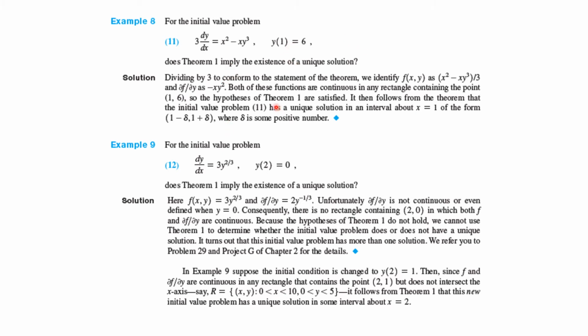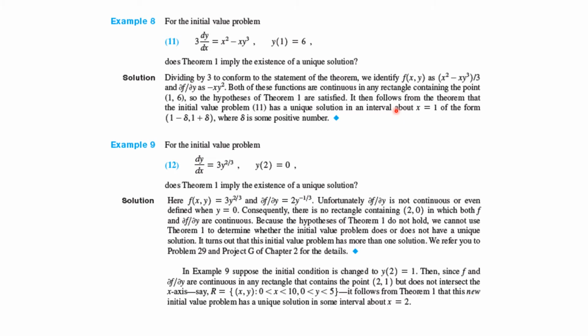So the hypothesis of theorem 1 is satisfied. Therefore, it follows from theorem 1 that the initial value problem has a unique solution in an interval about x equals 1. And although I don't ask you to find the interval of validity in this particular problem, I sometimes do, and you should be aware of that.